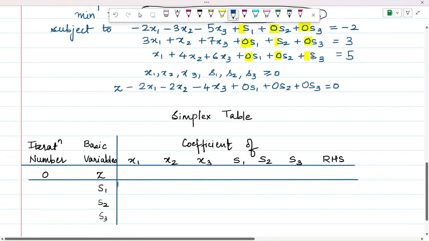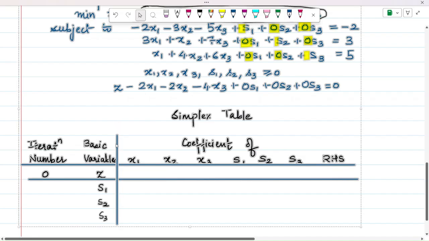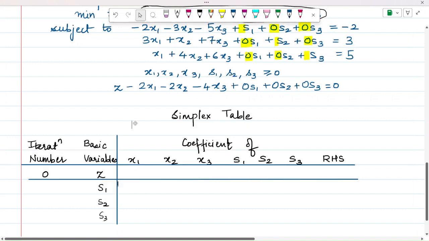I hope this is clear. Okay, so yeah. And one more. Let me just, yeah. So our simplex table number one is not yet ready.